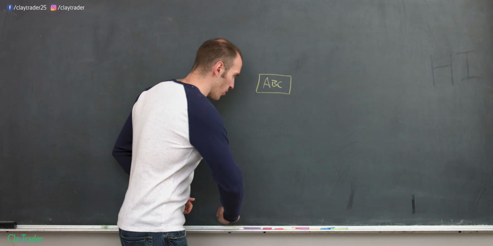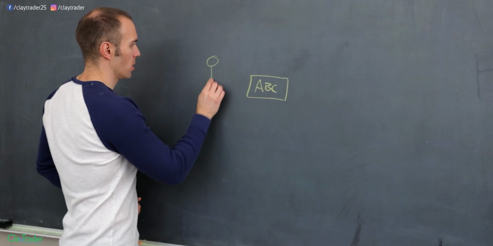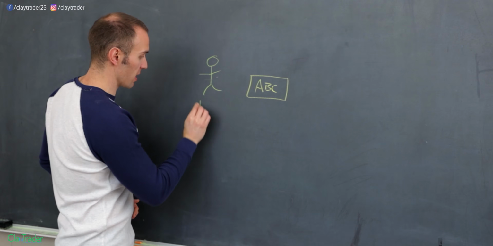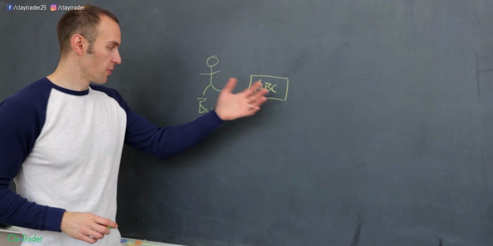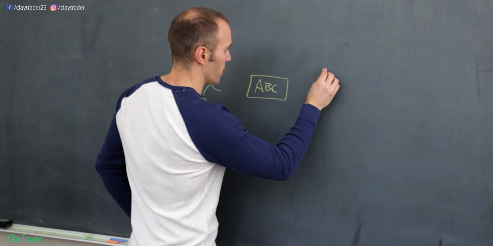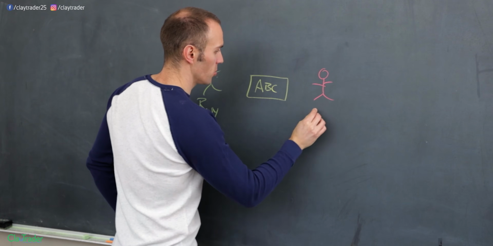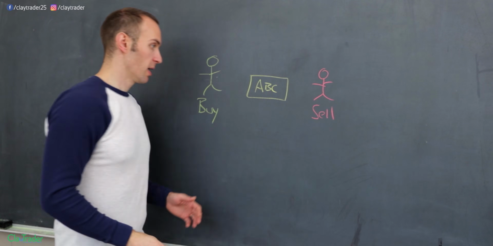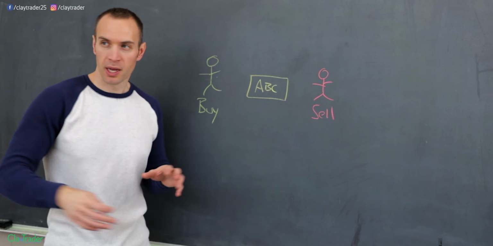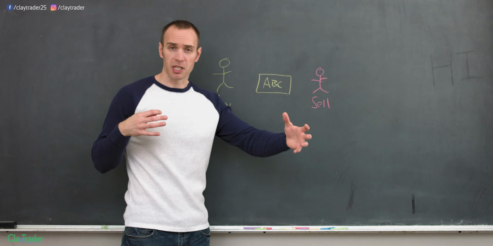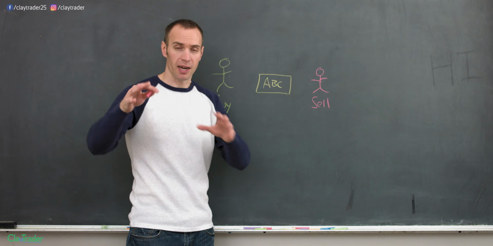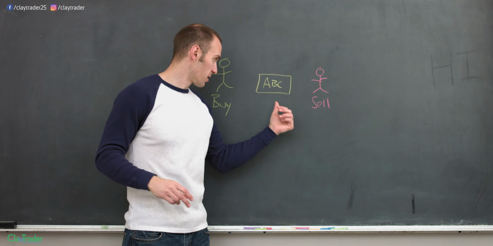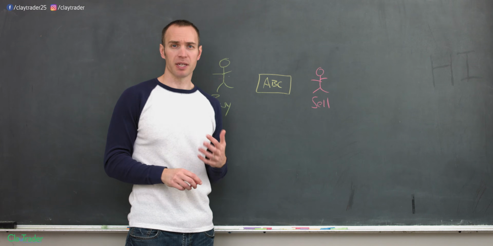Over here, people wanting to buy the stock, and over here, people wanting to sell the stock. These two, buyer and seller, make up the market. That's what a market is: people exchanging goods and services. And in this situation, the good they're looking to exchange is stock ABC.